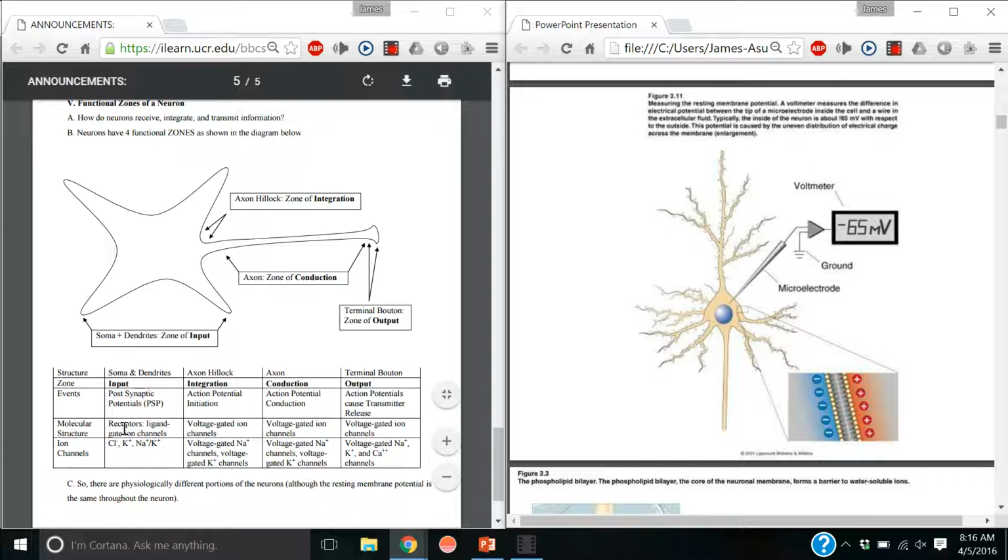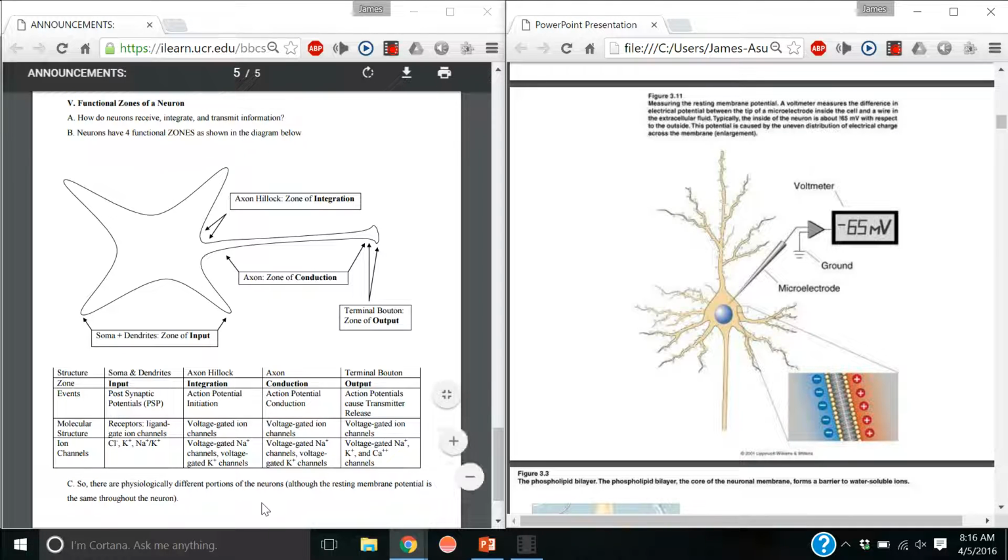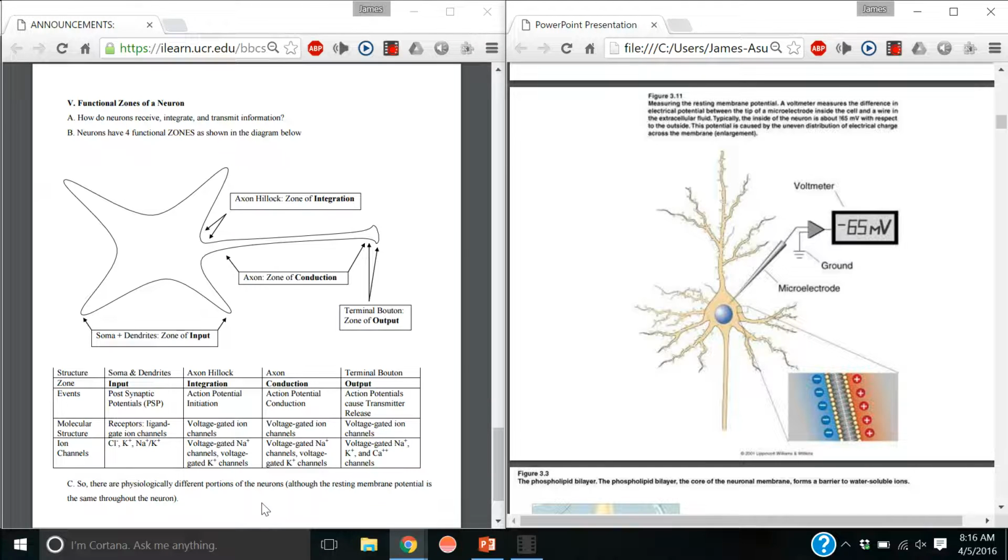In the zone of input, in the soma and the dendrites, you have one kind of ion channel, and that is the ligand-gated ion channel. The ligand is the general term for chemical that binds. In most of the course, we're talking about transmitter, that's the chemical transmitter that will bind those ion channels. So the soma and the dendrites have receptors, have ligand-gated, transmitter-gated ion channels.